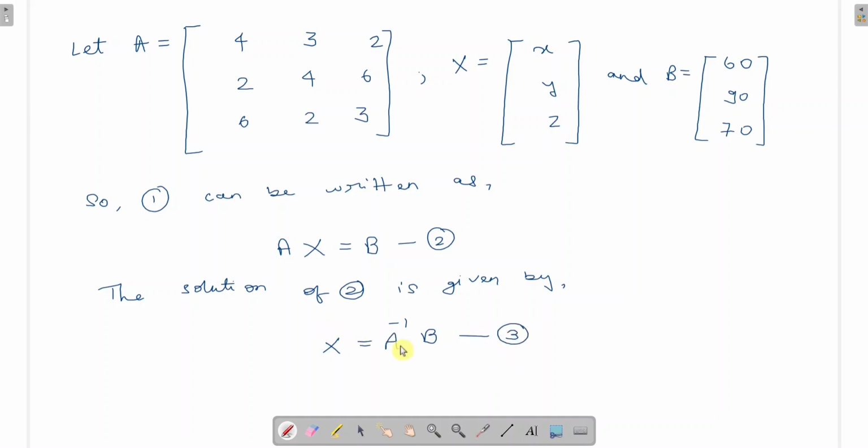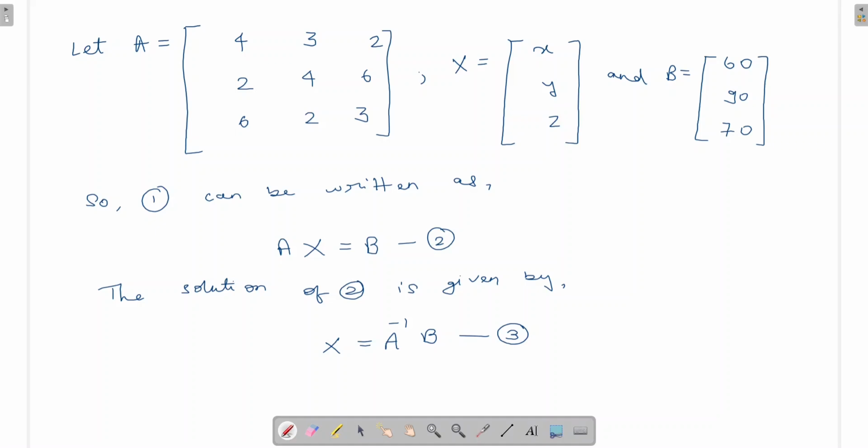So this is the solution. Now you can see that we have to find the matrix A inverse here. B matrix we already have. So by finding A inverse and B, and after multiplying both matrices, we can get the matrix X. So let us find out A inverse.